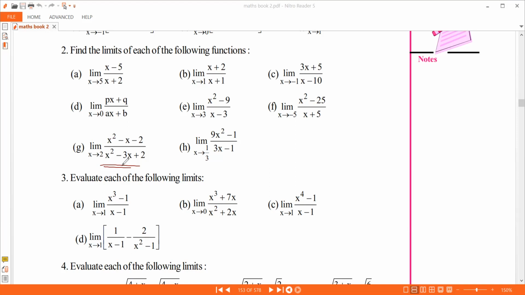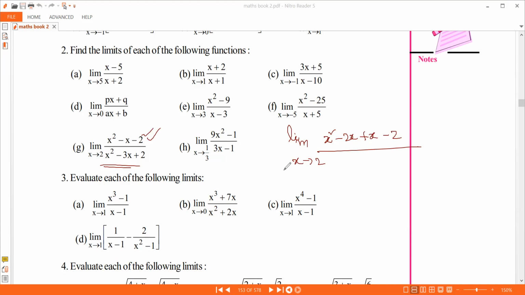So we have to first split the numerator. Limit x tends to 2. You can write this as x square minus 2x plus x, because minus 2 into 1 is minus 2. Now try the denominator.